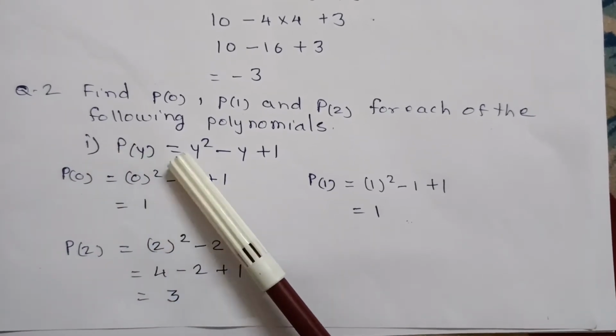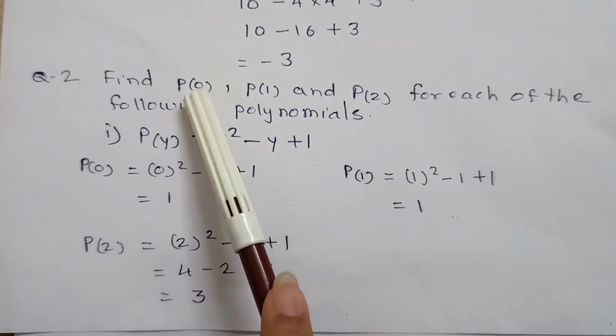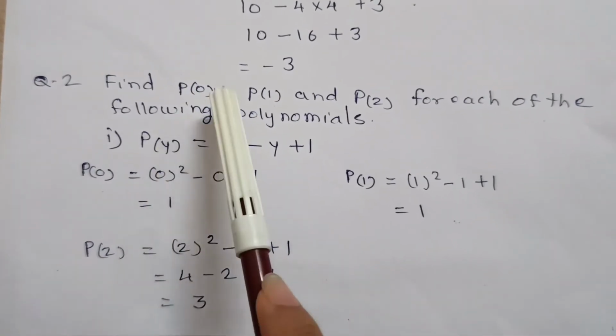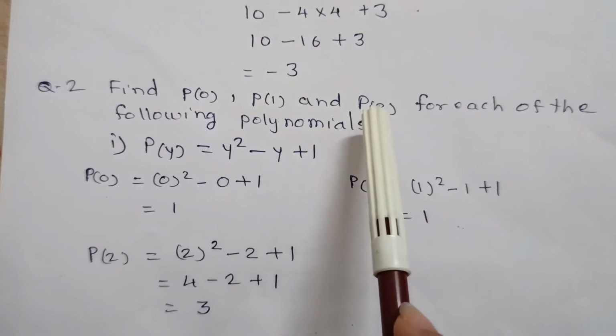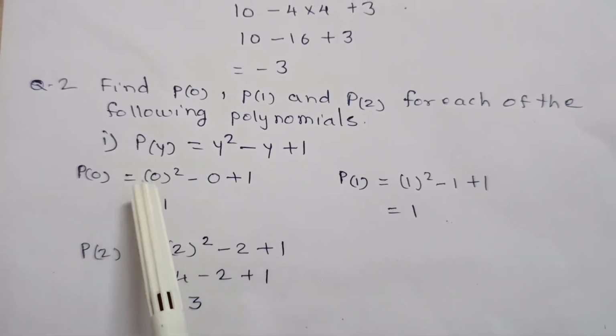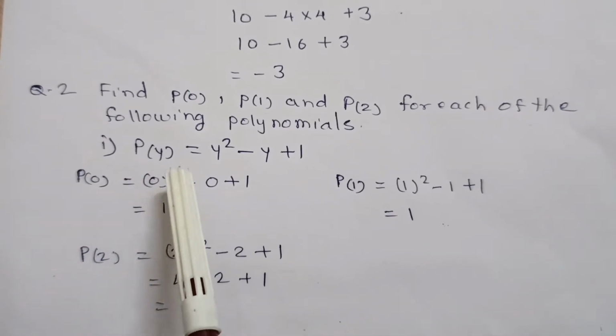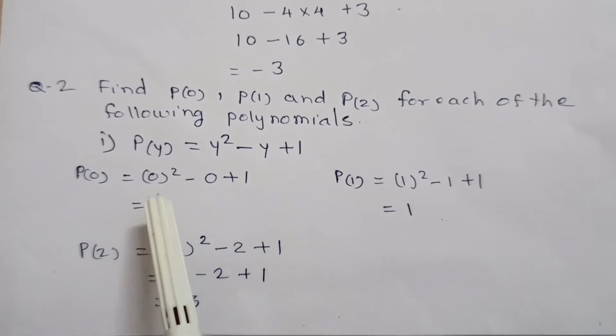Part 1. P(y) is equal to y square minus y plus 1. Here it is given in the question that y value is 0, 1 and 2. So we will substitute each value in y. So P0 is equal to 0 square minus 0 plus 1. So answer is 1.